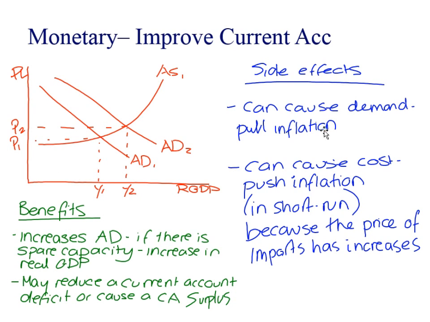But it causes demand pull inflation, and it could cause cost push inflation as well, because with the depreciation you're causing the price of imports to increase as well. So that should be a short run effect, but it can cause cost push inflation. We do import quite a lot in this country as well. A lot of our producers are dependent on raw materials being imported from another country. So don't just assume imports are a bad thing because of the imbalance they cause on our current account.